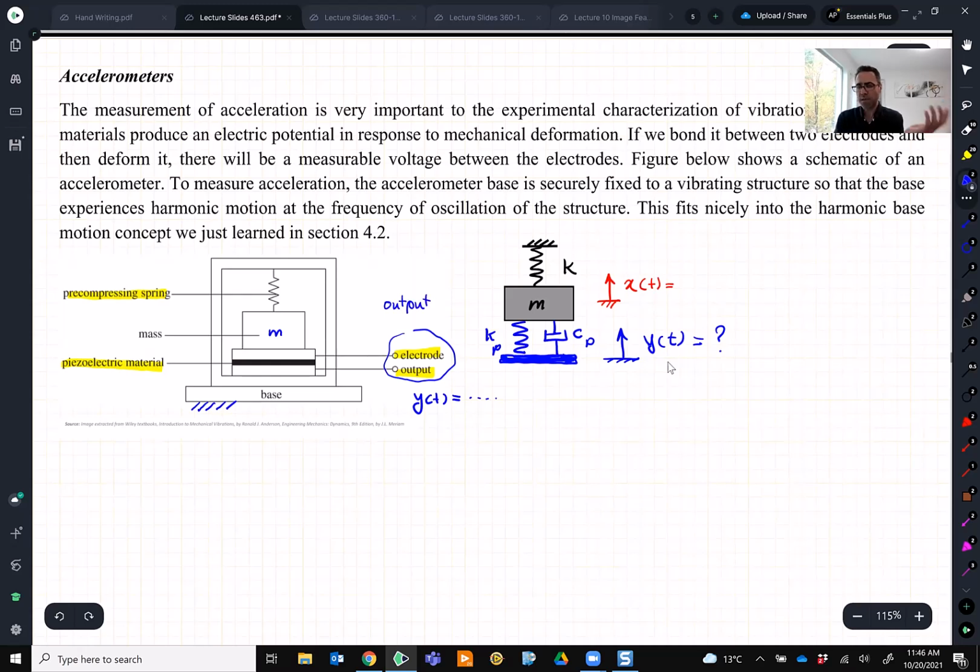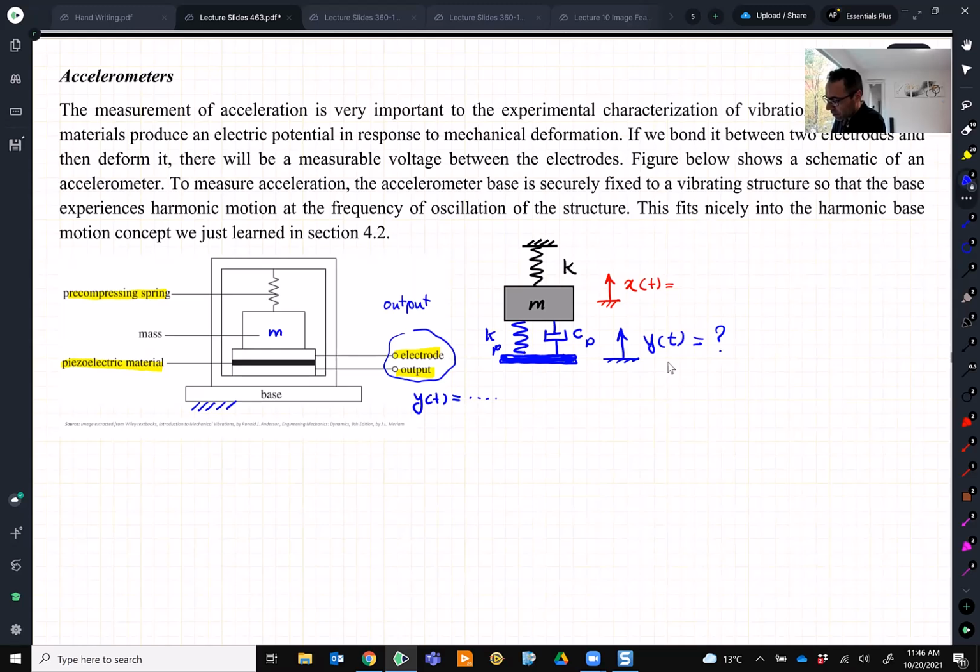But all of the accelerometers, when you purchase them, will tell you, for example, for every millivolt, this is the amplitude of the actual vibration. So there is a graph or some data which tells you how to convert voltage to actual acceleration.